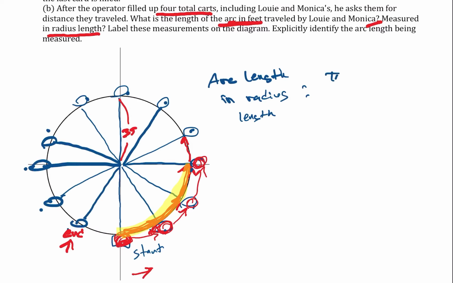That means this arc length is pi over 2 times as large as the radius length. That also means that we're essentially measuring this angle right here, just the amount of angle measure, which is pi over 2.